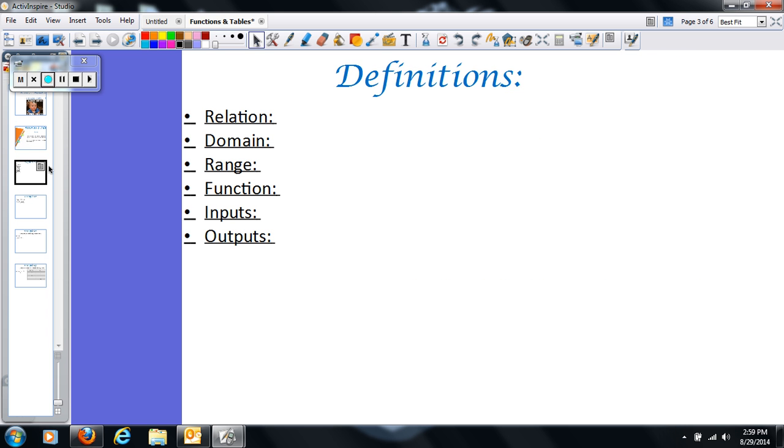Looking at our definitions for this unit, we have what is called a relation. We have the domain, the range, functions, inputs, and outputs.